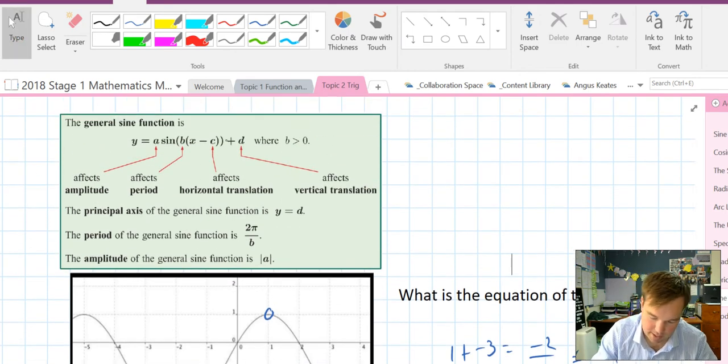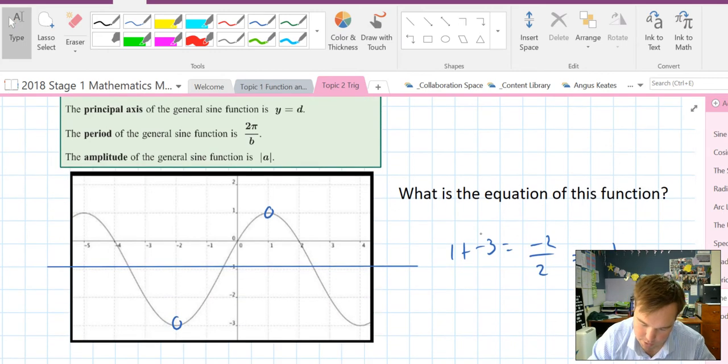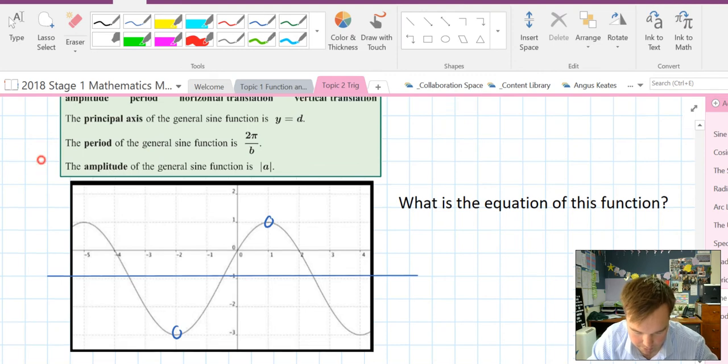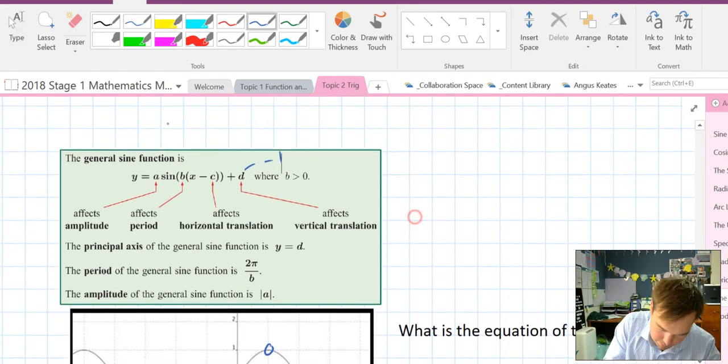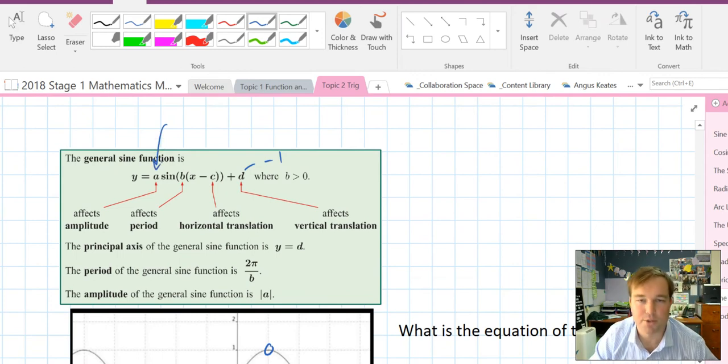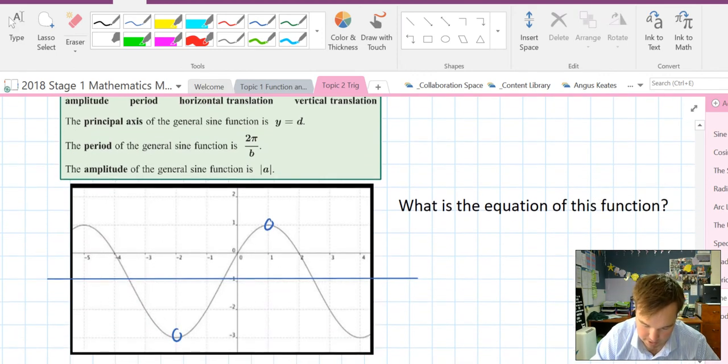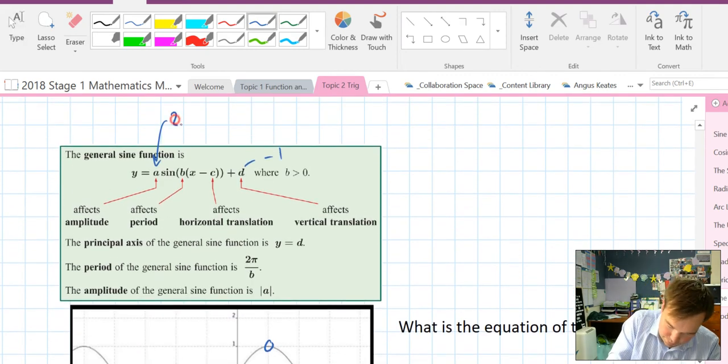This letter on the end here, for us anyway, is minus 1 in this case. So we're rotating around minus 1. Alright, then let's look at A. A is the other easy one. A is the amplitude. Amplitude meaning the size. Here we go from minus 1 up to 1, from minus 1 down to negative 3. That amplitude is 2.